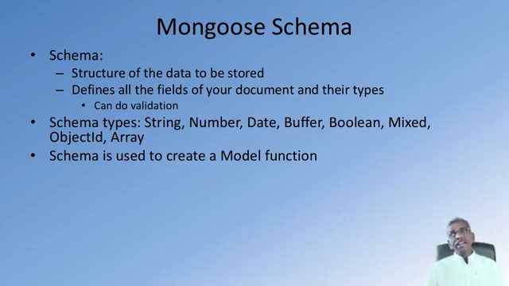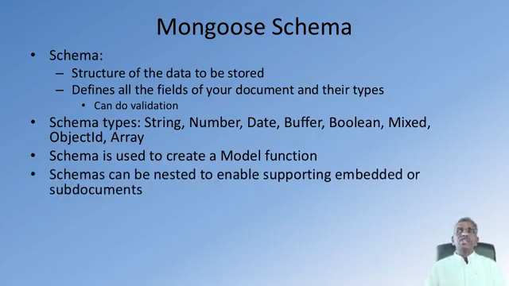Once you define a schema, then the schema is used in Mongoose to create a model function, and that is what enables you to define the structure for your documents in the database. Schemas themselves can have nesting, which means that you can have subdocuments that are enclosed inside a document.